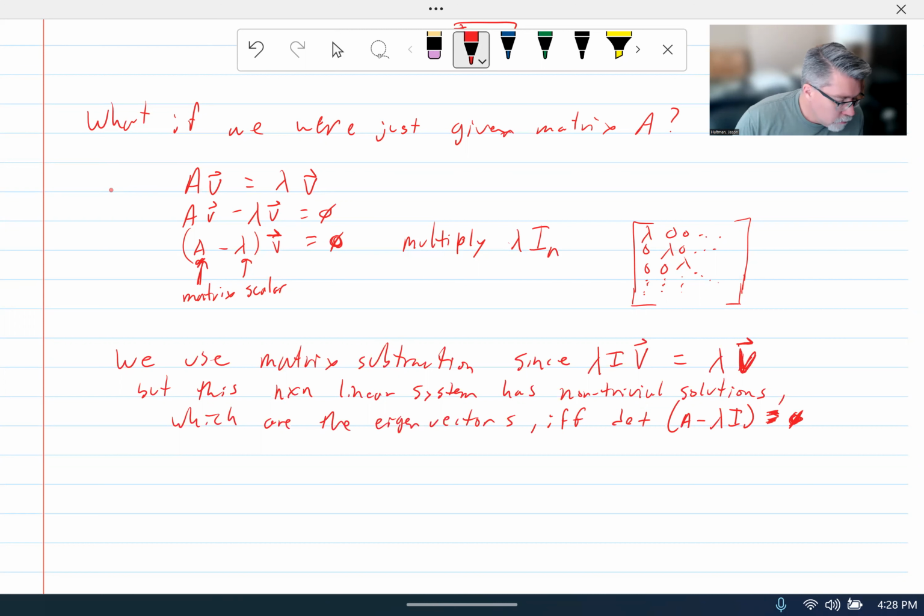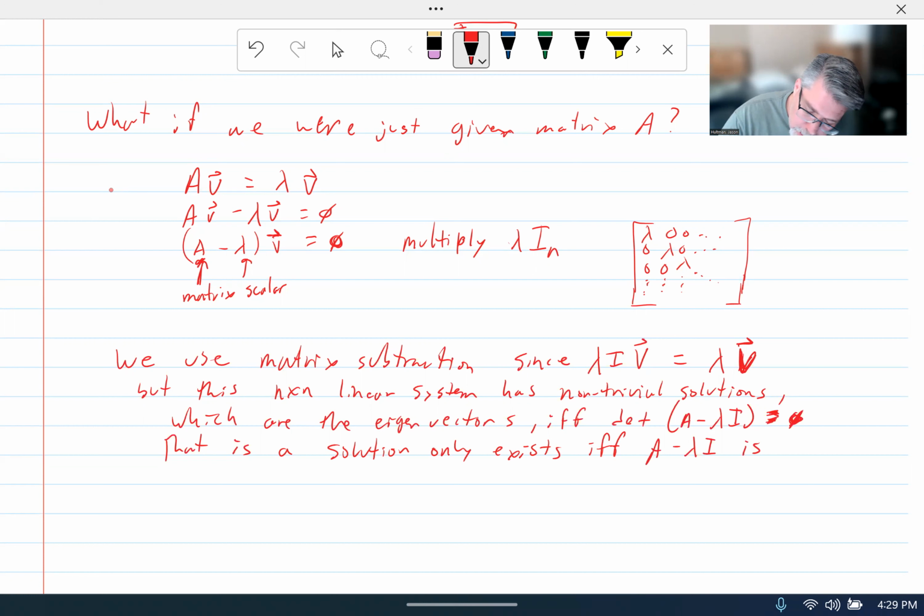That is, a solution only exists if and only if A minus lambda I is linearly independent.